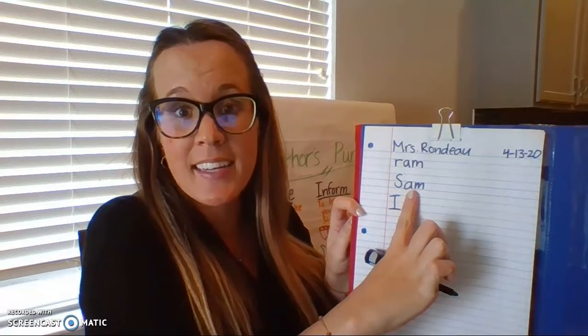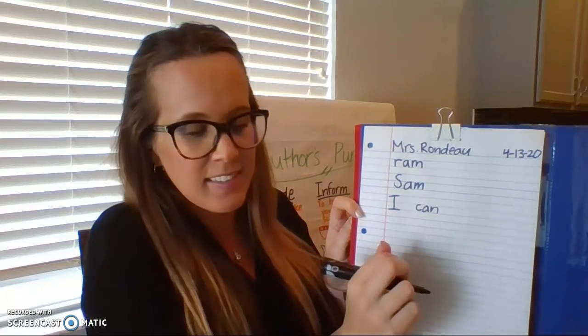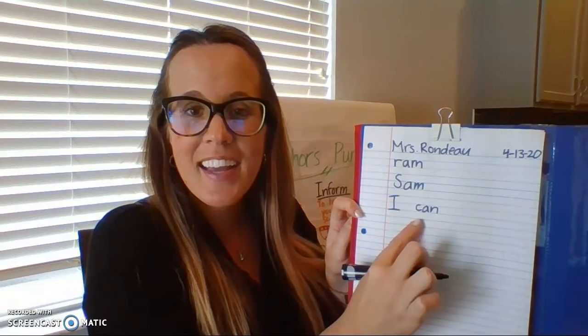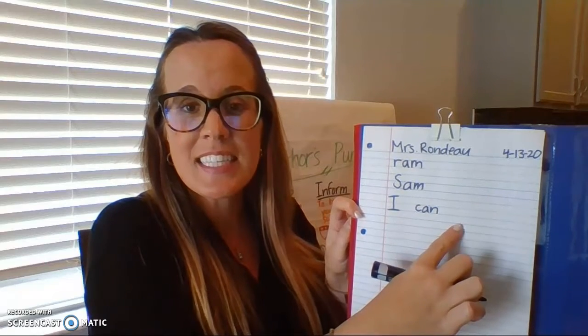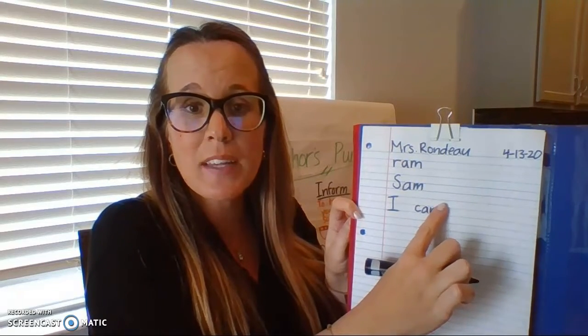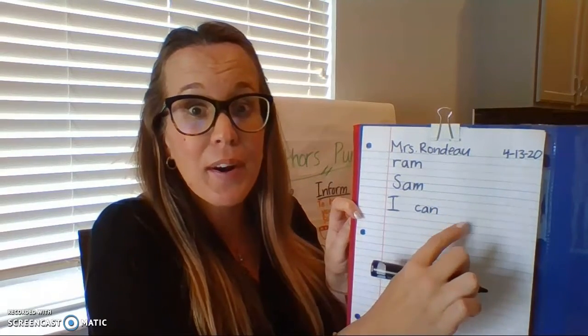I, spaceman, can. Can is a sight word. How do you spell it? I hope you said C-A-N. I can see. Make sure you do spaceman. See is another sight word. How do you spell it?